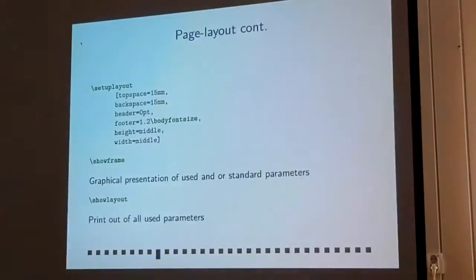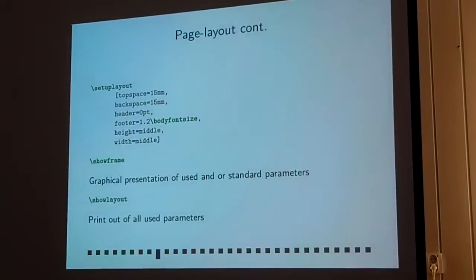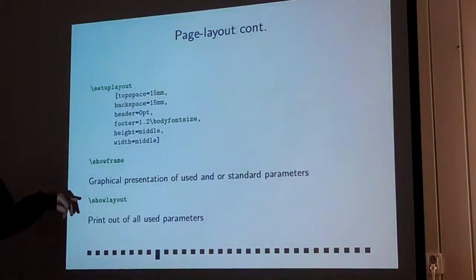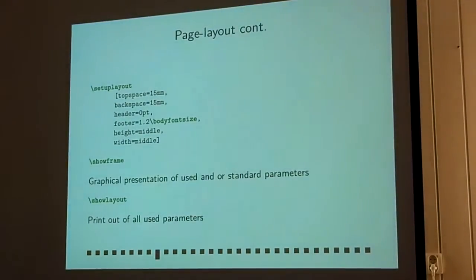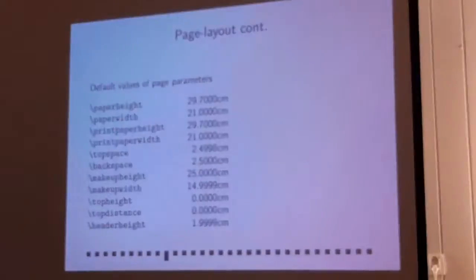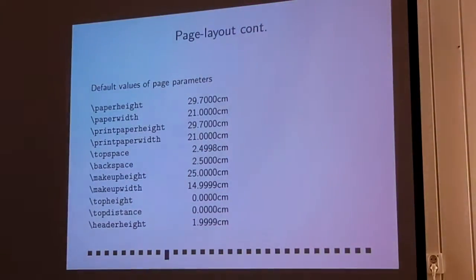There is another command. If we want to check whether things work out well, there is another command which is called show layout, and this will give you a long list of many parameters. There is more information in that table you get. You can do that.